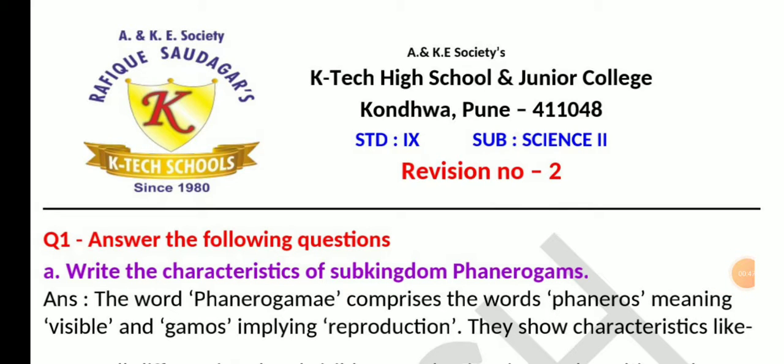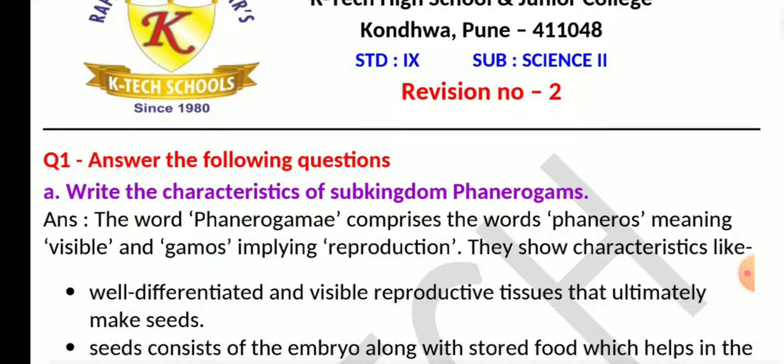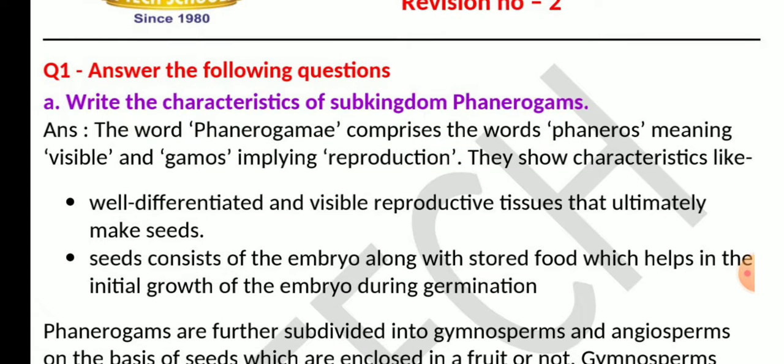Question number 1. Answer the following questions. First, write the characteristics of subkingdom phanerogams. Answer. The word phanerogamy comprises the word phaneros, meaning visible, and gamos implies the reproduction.